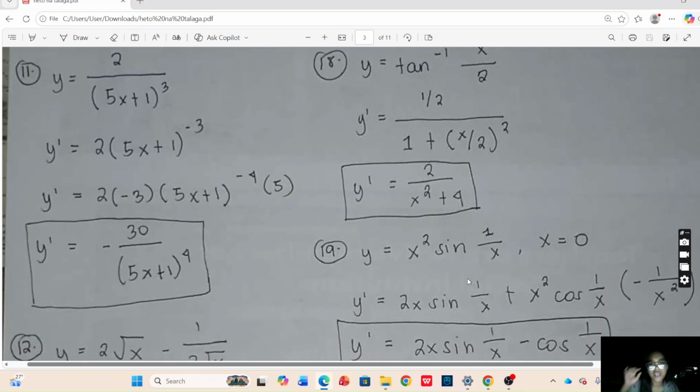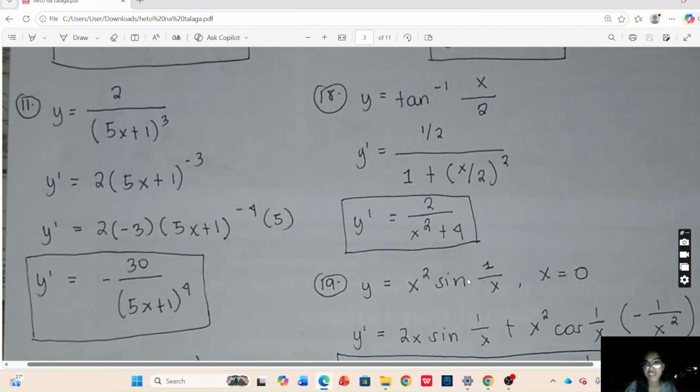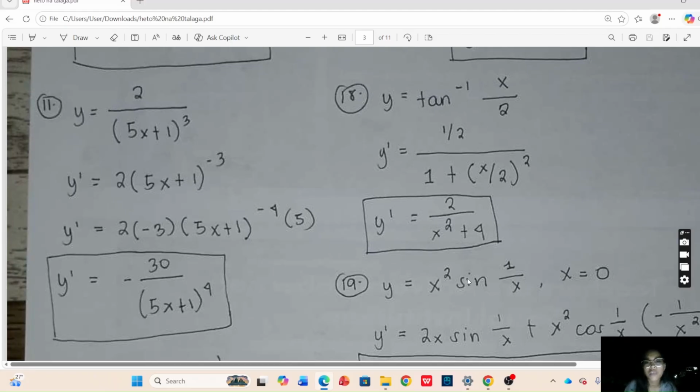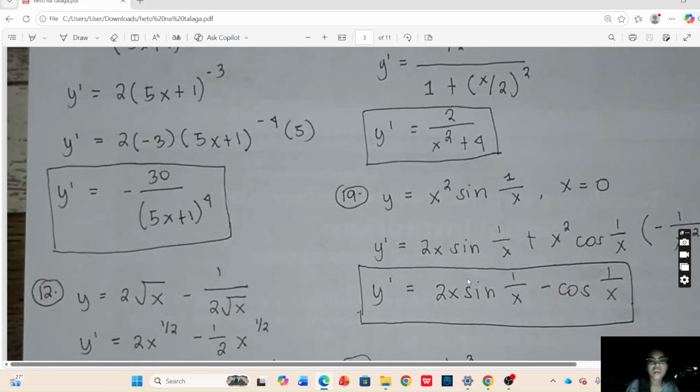So logarithm can be so confusing, or sometimes difficult, but if you know the rule of differentiating logarithm and it's a formula, then I'll say that it's easy because you will just substitute it.